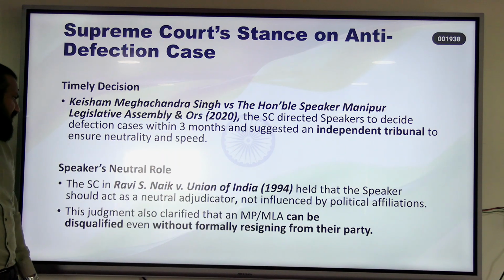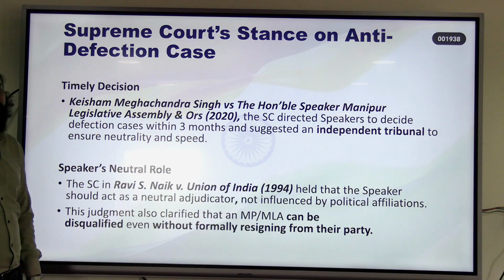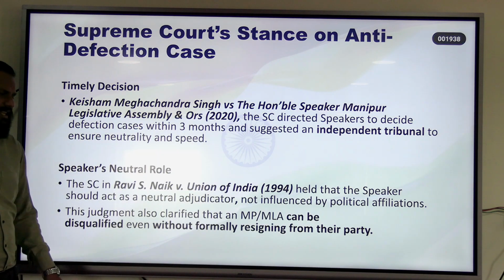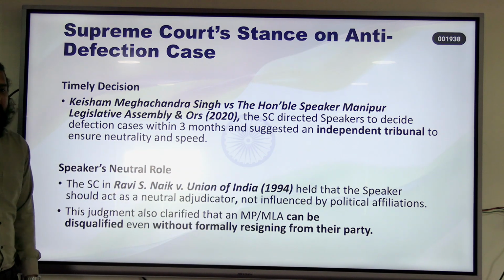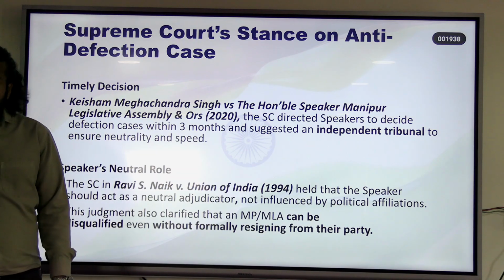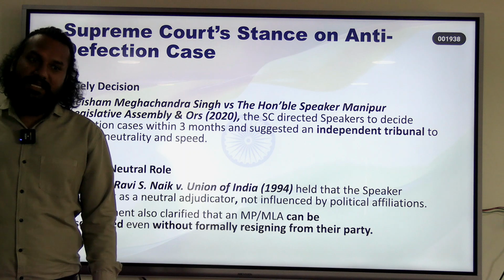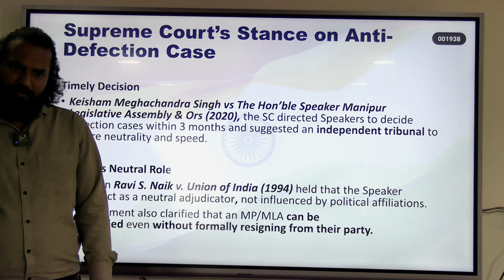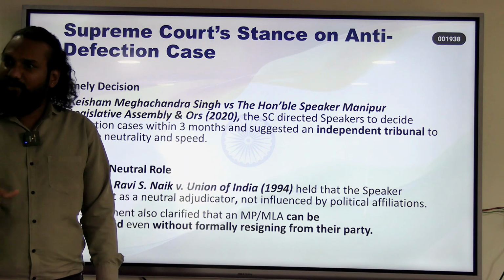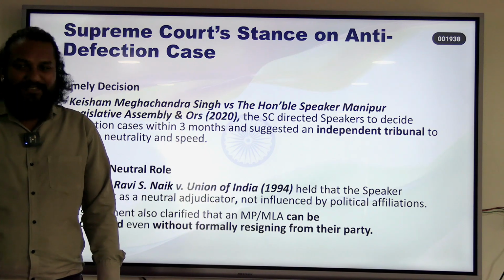Then one more case is there. What is that? Ravi S. Nayak versus Union of India. Very long back, a 1994 case. Here the Supreme Court ruled that the speaker should act as neutral. The speaker should not act according to the instruction given by his party. Sometimes this will happen. The ruling party will tell the speaker, who is from the ruling party only, to disqualify him under defection.